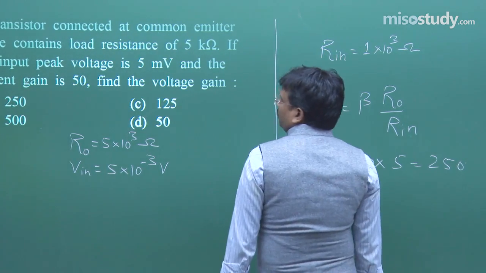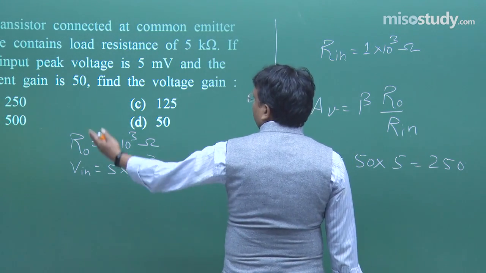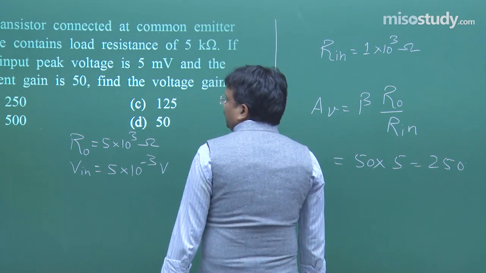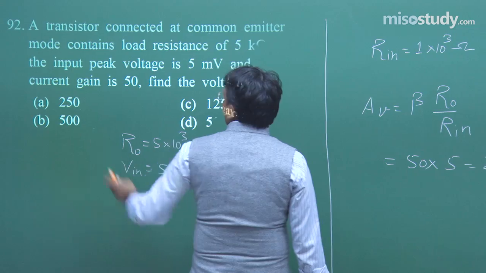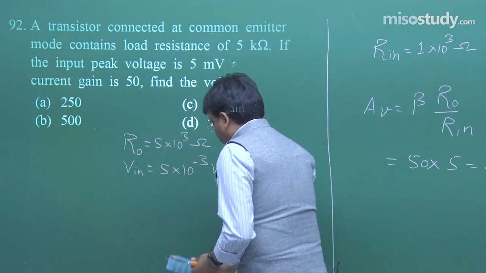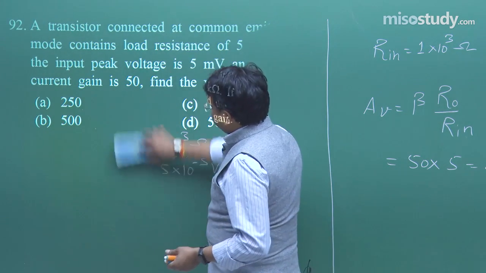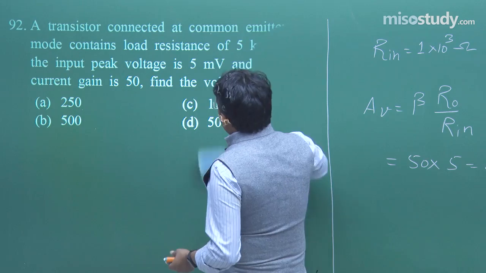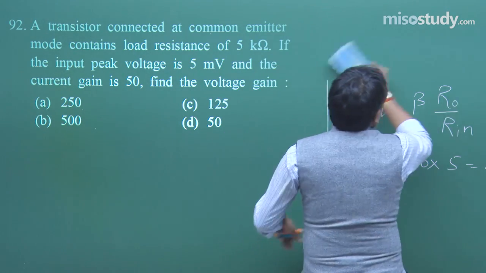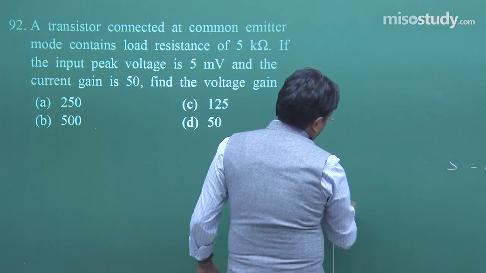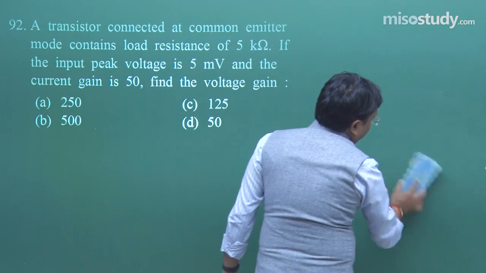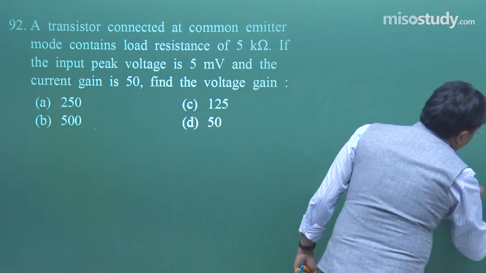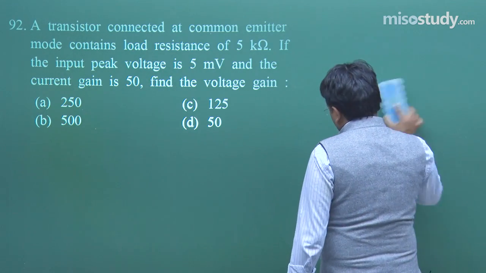So the voltage gain is 250, and A is the correct option. These basic formulae are simple to remember, and there is no point in ignoring these simple results.